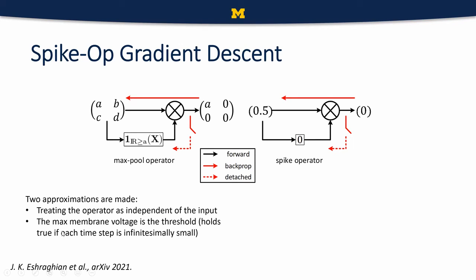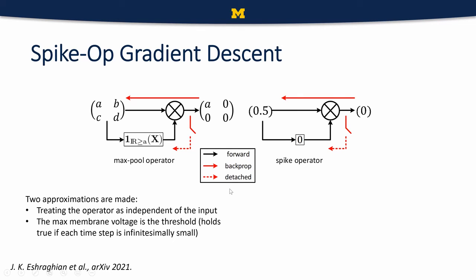And secondly, the maximum membrane voltage is the threshold. What I mean by that is that, let's say this membrane was to go beyond the threshold, say it was to hit 1.2 volts, right? Well, your output is still 1. So clearly, the operator is not going to be 1 because 1.2 is not going to directly pass and end up as 1.